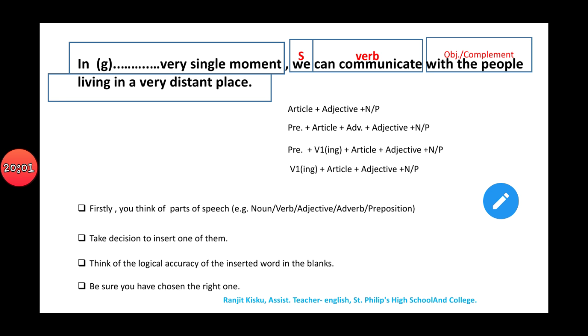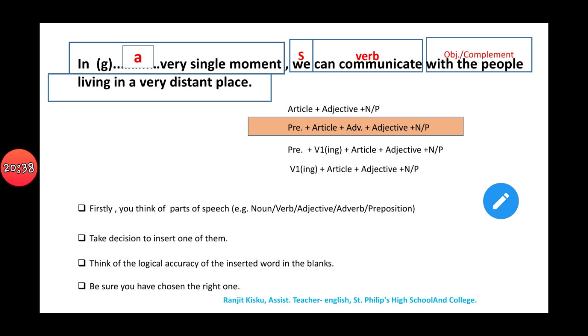Then let's see the structure of the phrases. We will use this phrase: preposition, article, adverb, adjective, noun, pronoun. We have "moment", so moment is a noun. "Single" is an adjective. "Very" is an adverb. Adverbs can modify adjectives. And first, prepositions. So necessarily here we need an article. We have placed that.